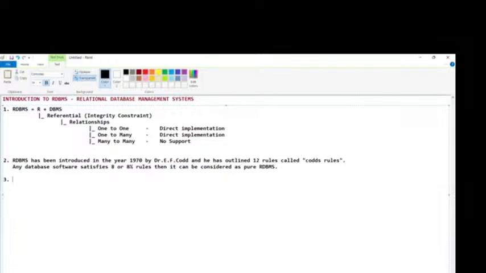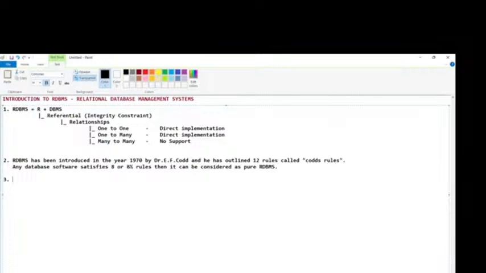It satisfies almost 11.5 Codd's rules. SQL Server satisfies 10, Oracle satisfies 11.5, but both are more than 8, so both are pure RDBMS. DB2, Sybase, Teradata, MySQL, they all are pure RDBMS software.